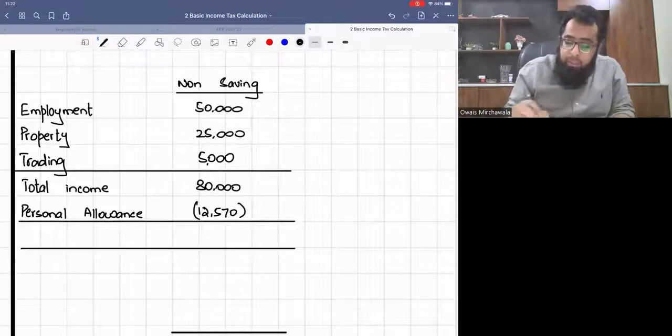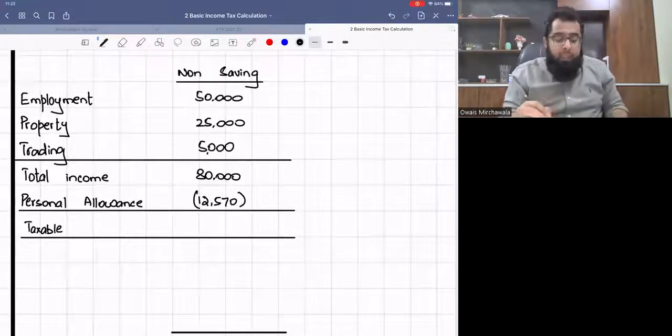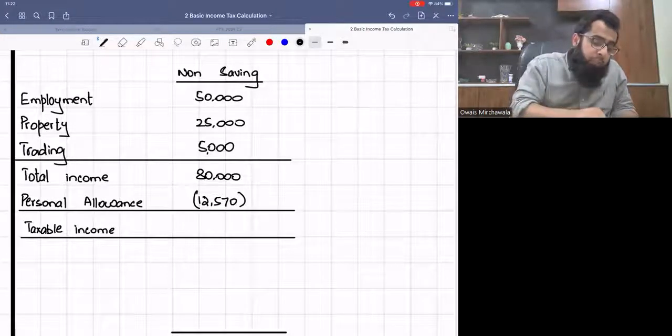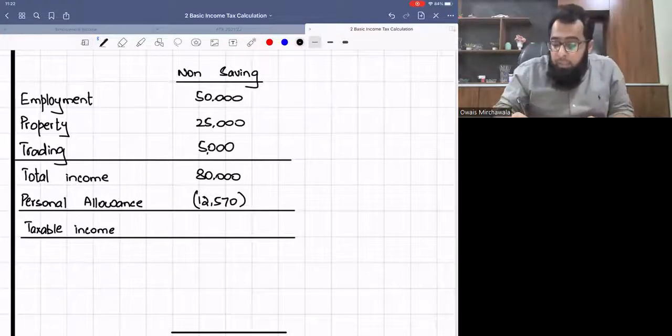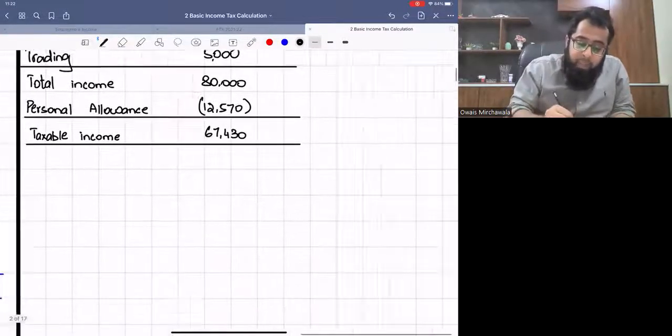The taxable income will be 80,000 minus 12,570. So this gives me 67,430. Now we'll apply tax on it.